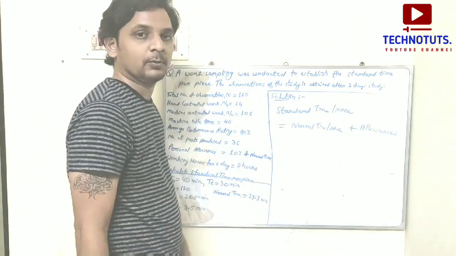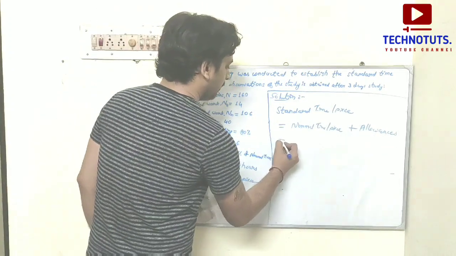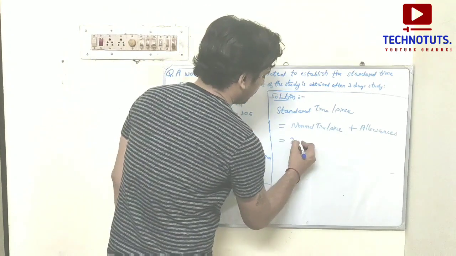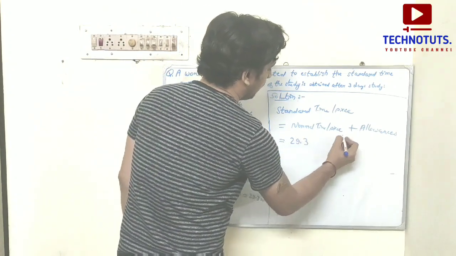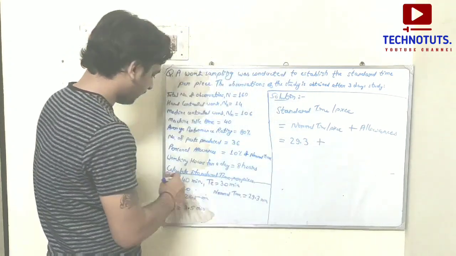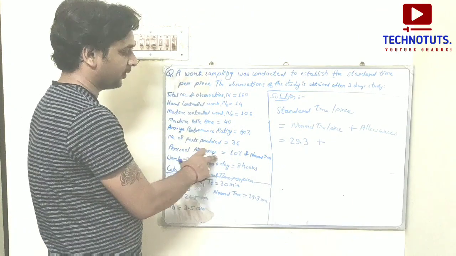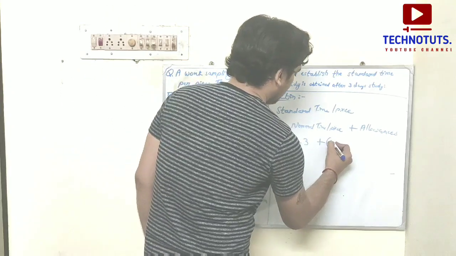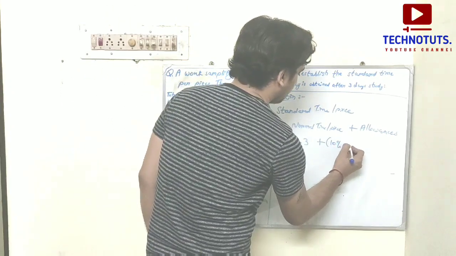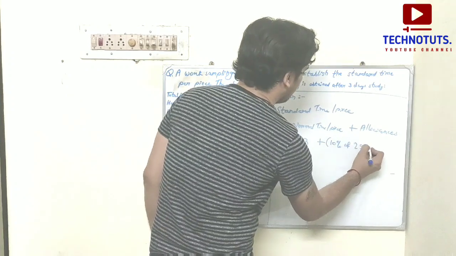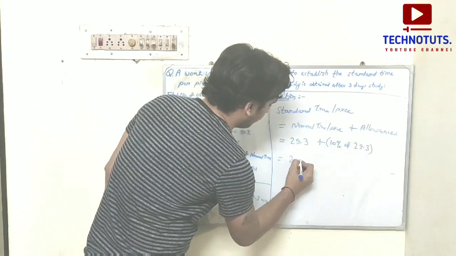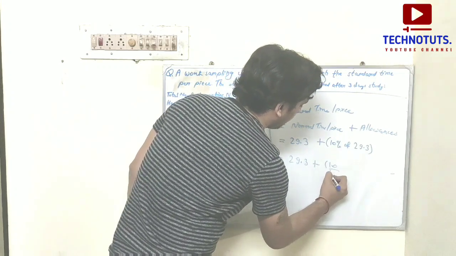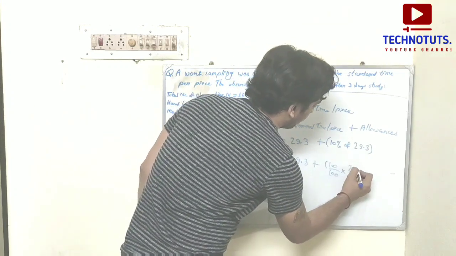Here normal time we have obtained as 29.3 minutes. Put the value 29.3 plus allowances, which is given in the question: the personal allowance is 10% of normal time. So 10% of 29.3. This is equal to 29.3 plus 10 by 100 into 29.3.